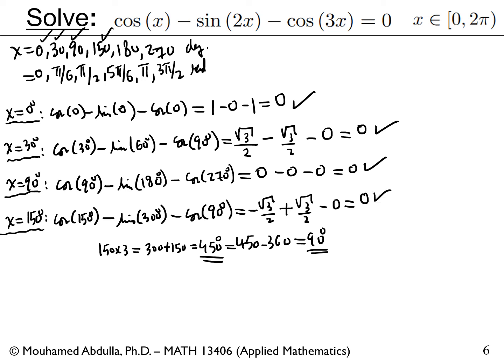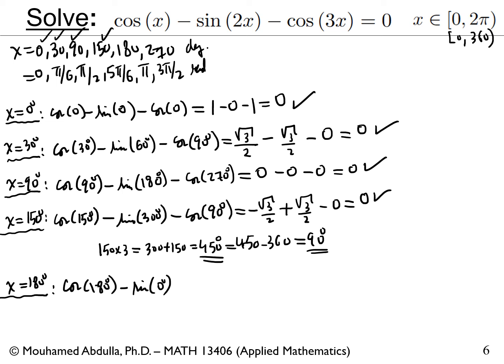Next, we have 180. Let's see what happens at 180 degrees. So cosine of 180 degrees minus sine of 2 times 180 degrees, which is 360 degrees. But we don't want 360 degrees, we want to be in this range. So 360 degrees is the same thing as writing 0 degrees. It's going to land at the same place.